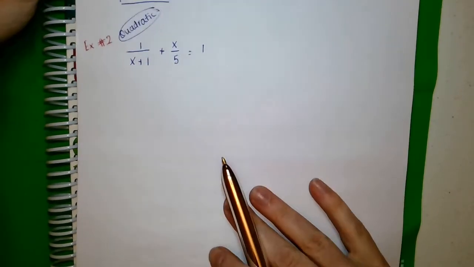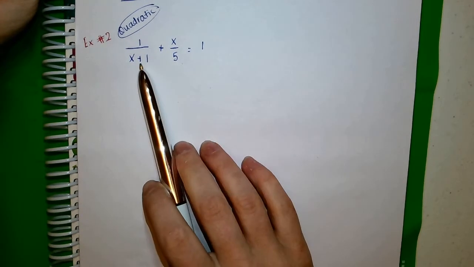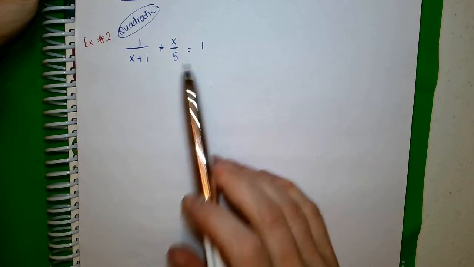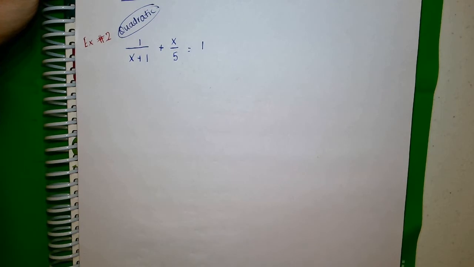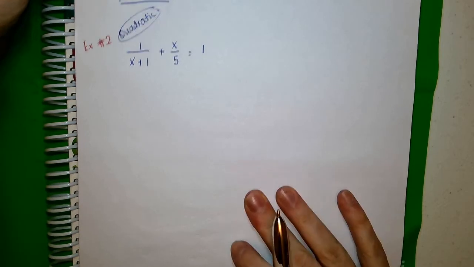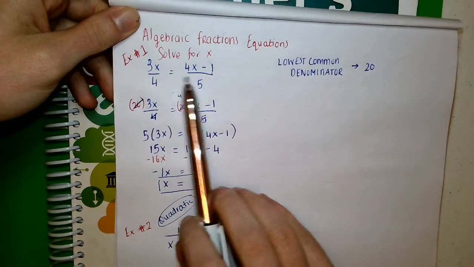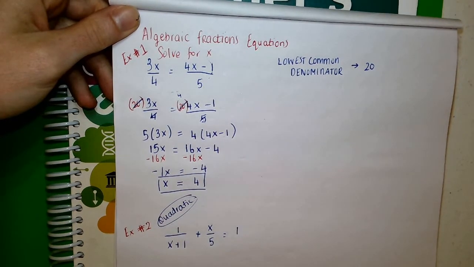Moving on to example number 2. This one's a little bit different because the denominator is made up of numbers and letters. A way that we could approach this is the same. We just find the lowest common denominator. If you go back to the first example, you'll see that if we multiply 4 by 5, we get 20, and that is our lowest common denominator.